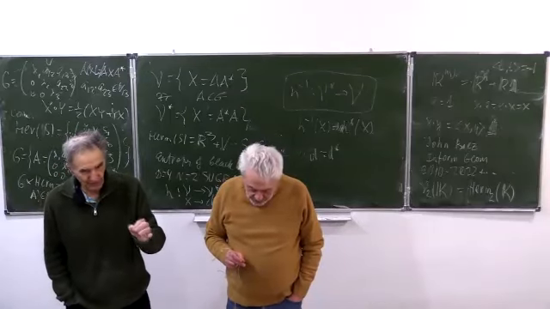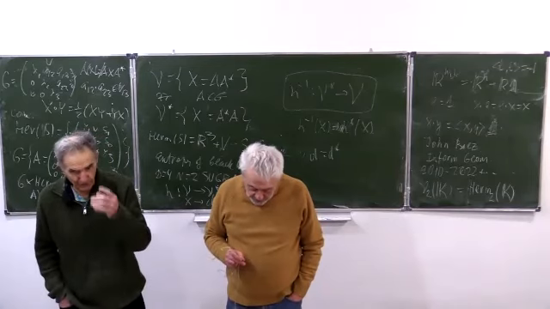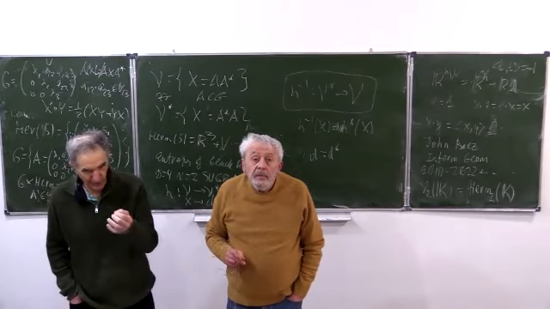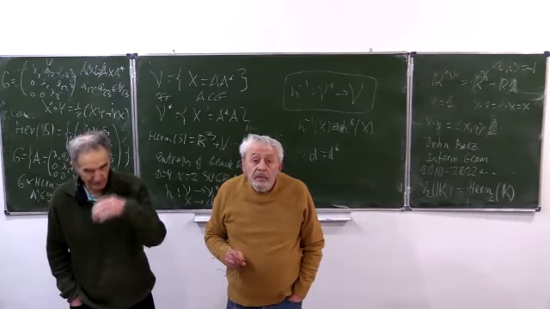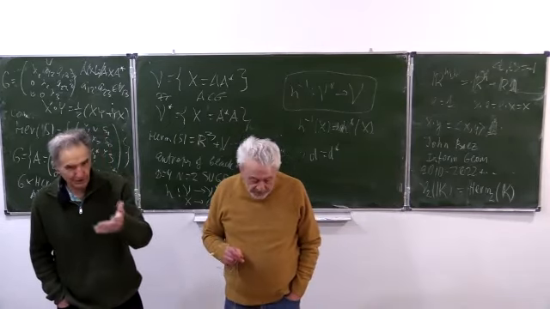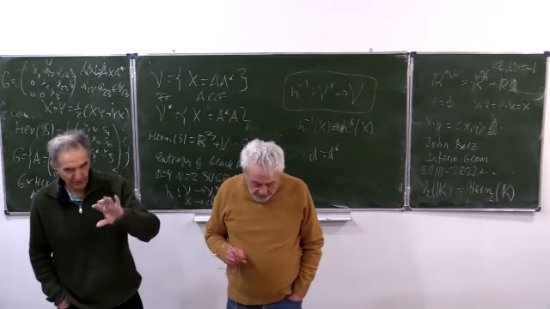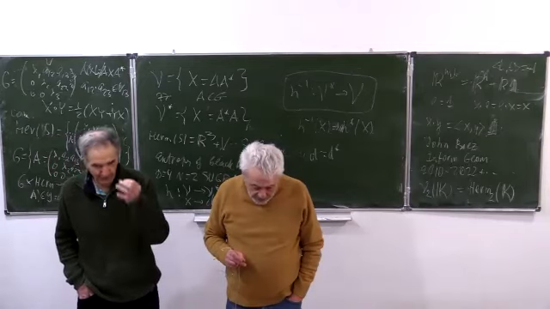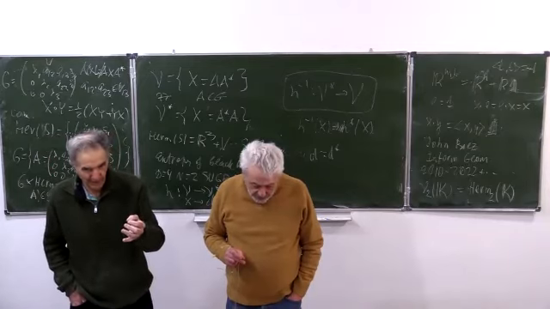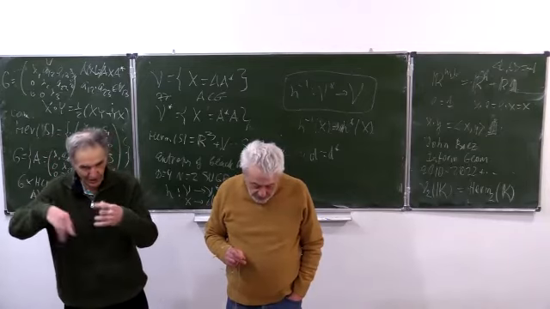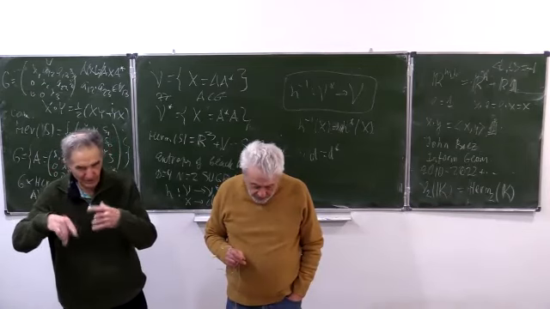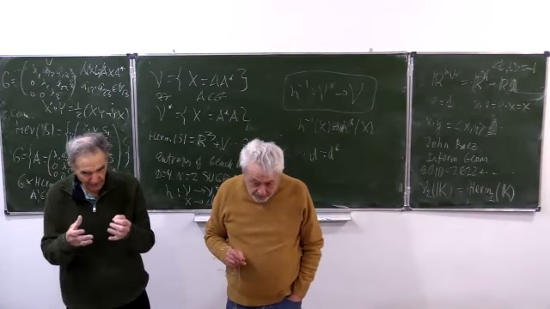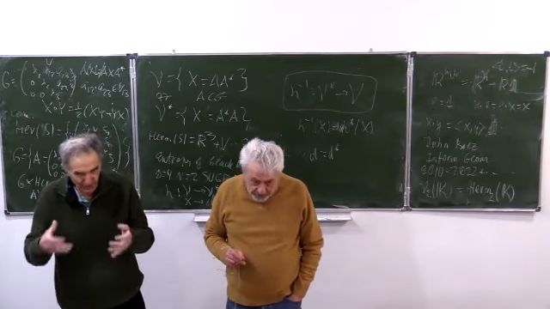If you have only one electromagnetic field, then you have the Hodge star, which interchanges between the electromagnetic field F and the star of F, and you can rotate. But if you have many fields, then there is no Hodge star.